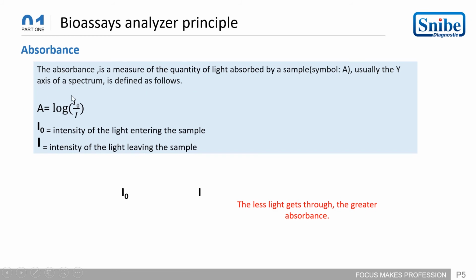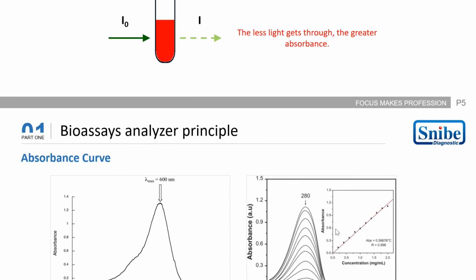I0, the intensity of the light entering the sample. I, the intensity of the light leaving the sample. The less light gets through, the greater the absorbance.